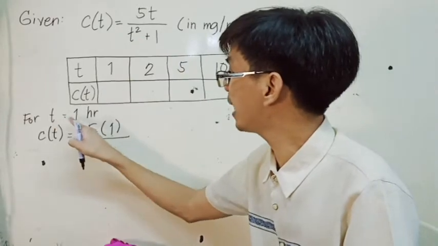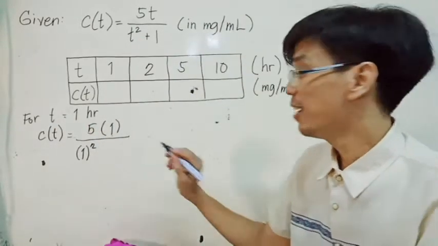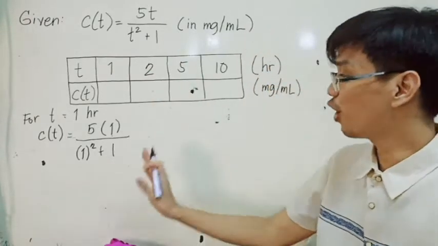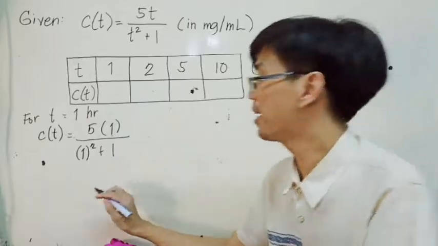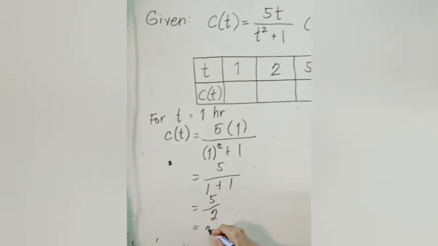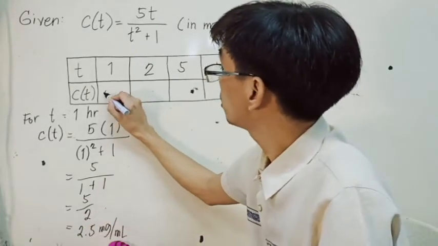What's the value of t again? 1. So this will become 1 squared plus 1. Okay? So, next is to simplify. So, C of t is 2.5.